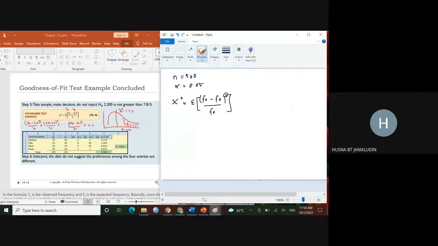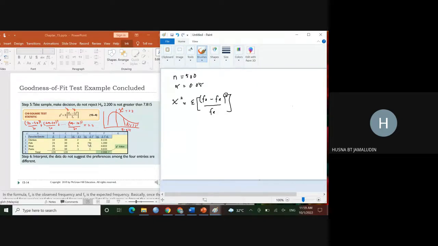If you look at the slide, they make a table so that you can see everything clearly. But it's up to you. You can just have it like this: observed minus expected, squared, and then plus the next terms, over the expected. So it depends.